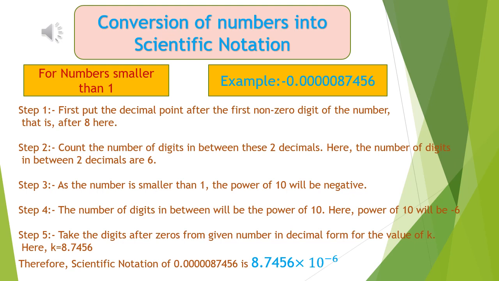So your value of k will become 8.7456. And finally, the scientific notation of this given number will be 8.7456 multiplied by 10 raised to the power minus 6. So this is the conversion of numbers into scientific notation.